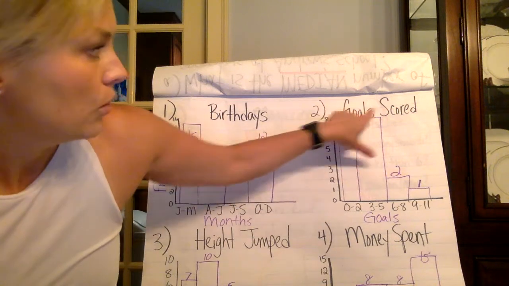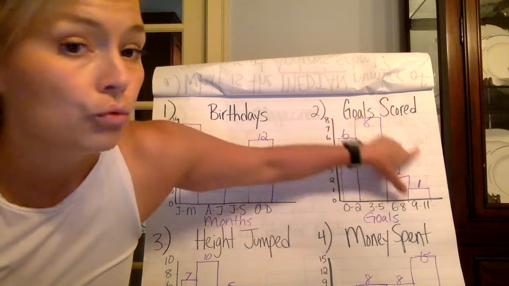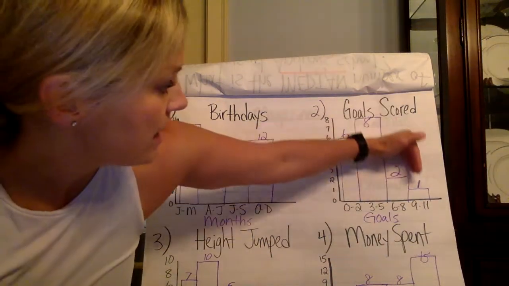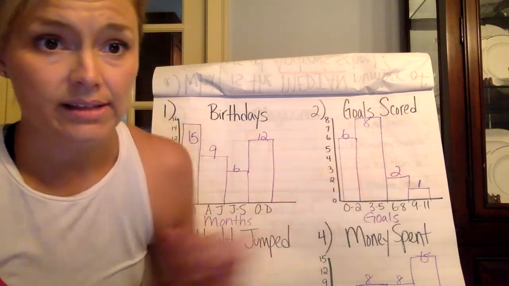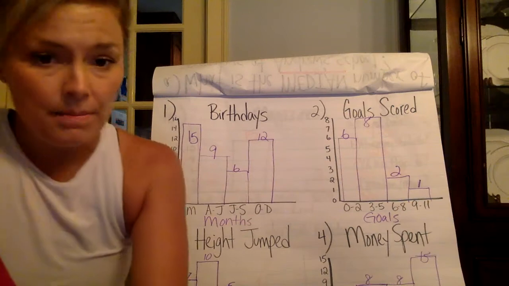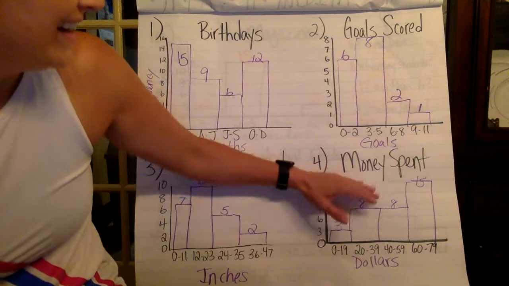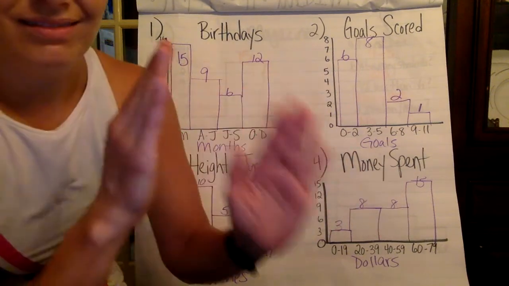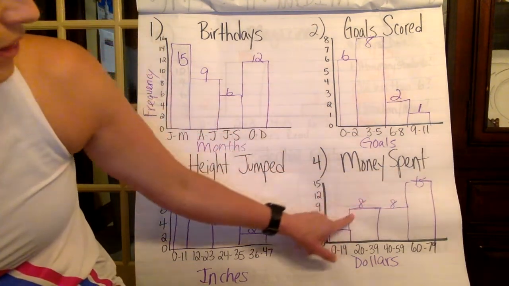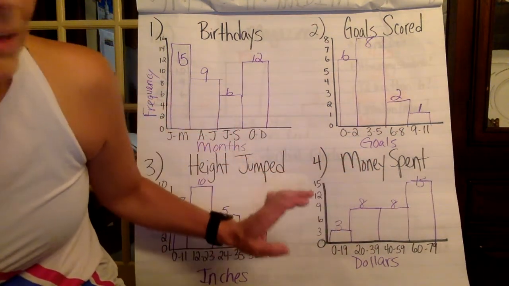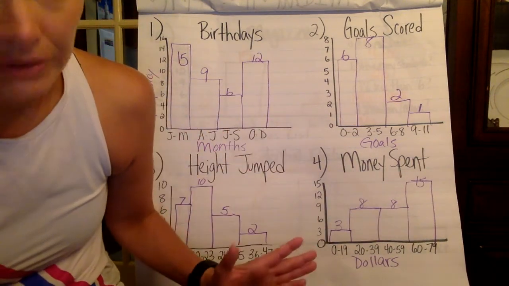So this particular one, the goals scored histogram, is skewed, and more specifically, it's skewed right, because if we were to trace that roller coaster hill, the tail, the ramp, the low part is off to the right-hand side. Okay? If we were to look down at the height jumped, the money spent, it's reversed of that, okay? The height is here, and then it kind of trickles down this way. This particular graph would be skewed left because the tail is off to the left-hand side, okay?